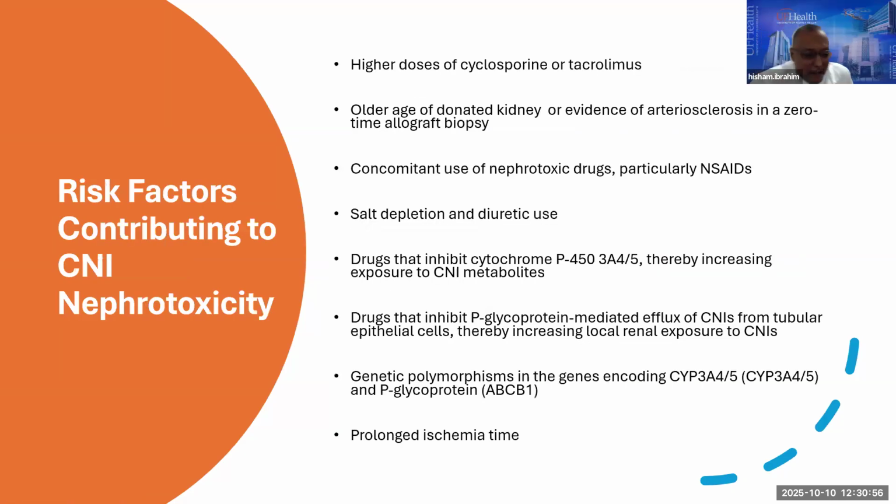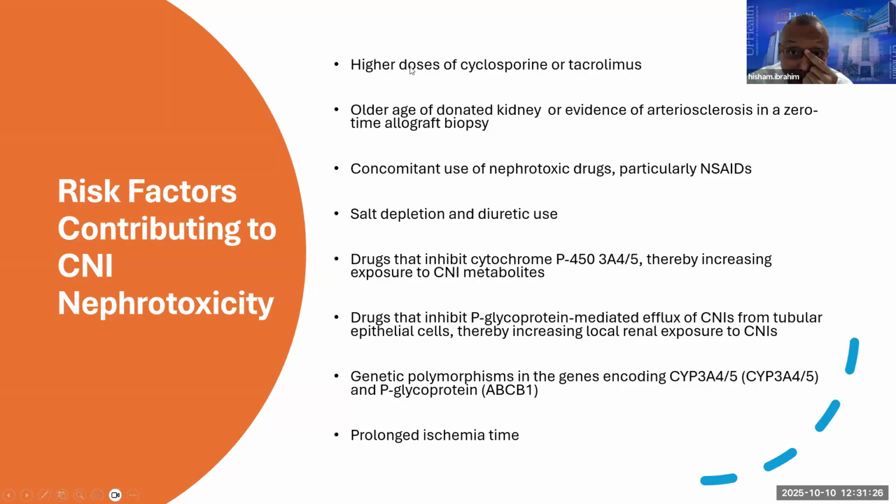So what are the factors that worsen or contribute to CNI nephrotoxicity? These are the factors that have been studied, and there are many studies that point to these as being important factors. So these are important targets of mitigation that we could look at.